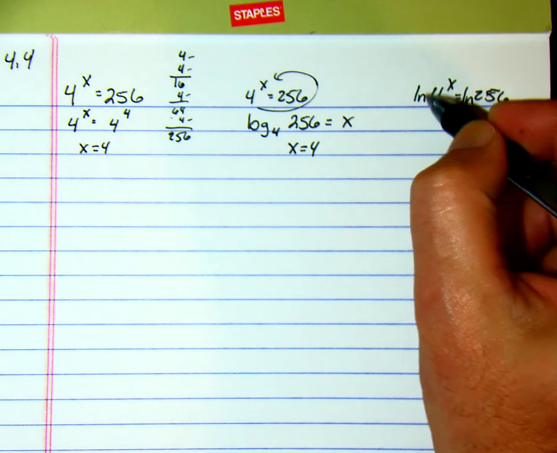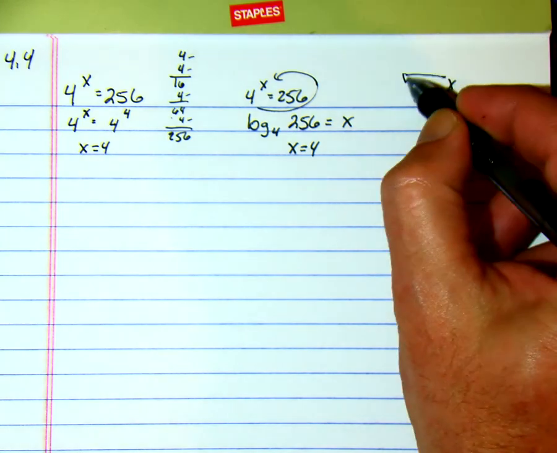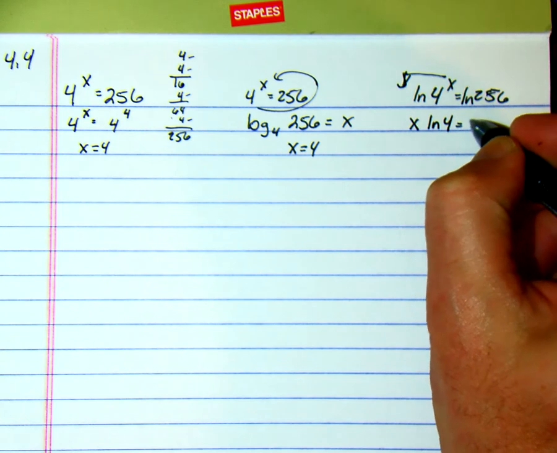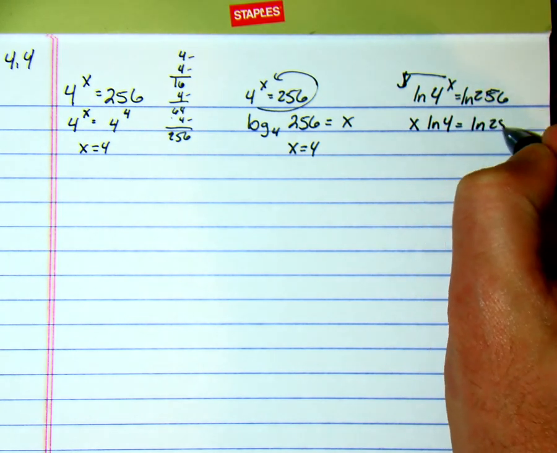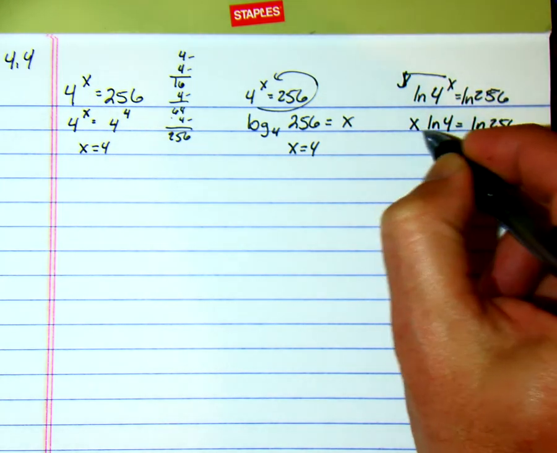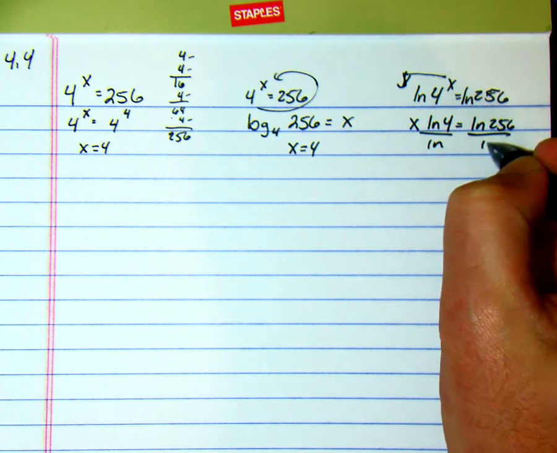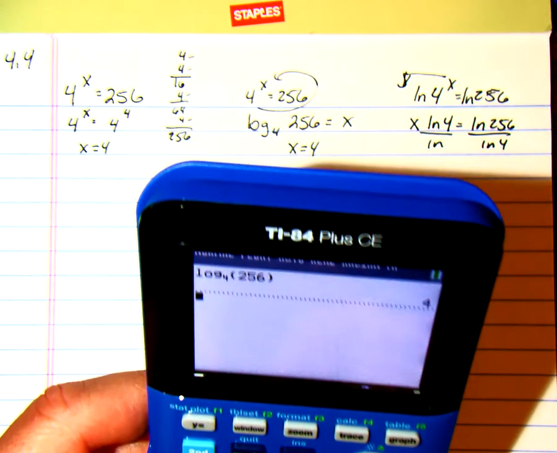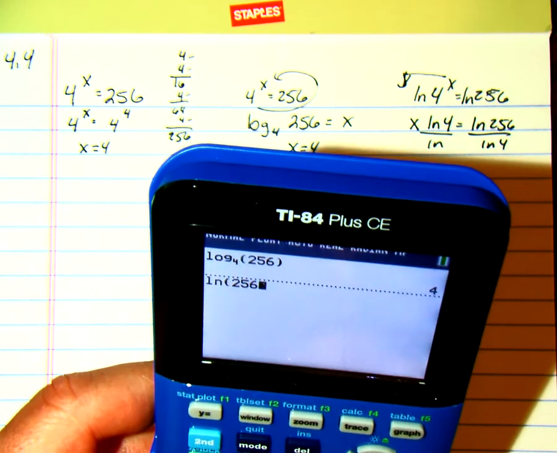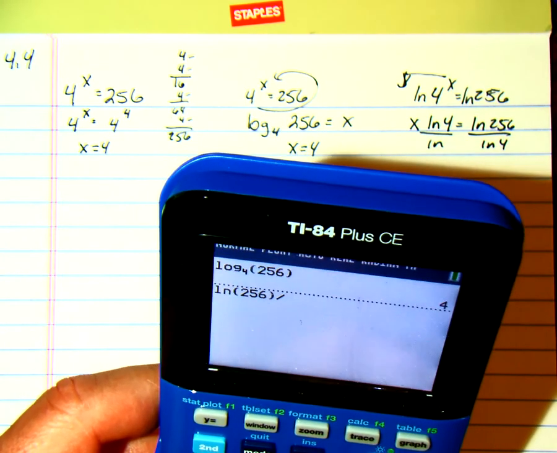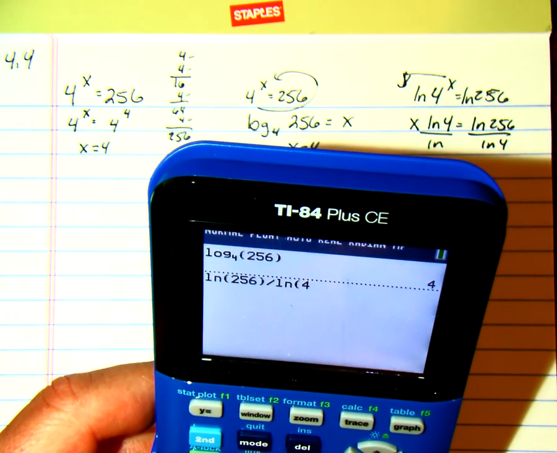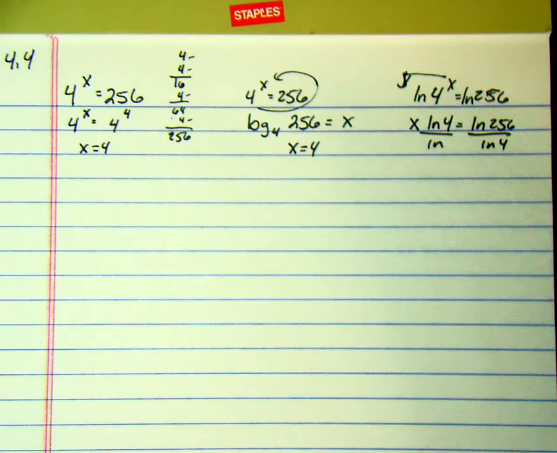But now, since this is a logarithm, we can take this exponent and wheel it up front. So this becomes x times the natural log of 4 equals the natural log of 256. To get x by itself, we're going to divide out the natural log of 4. So if I come into my calculator again and run the natural log of 256 divided by, making sure we close the parenthesis, the natural log of 4, we get the same answer, x equals 4.